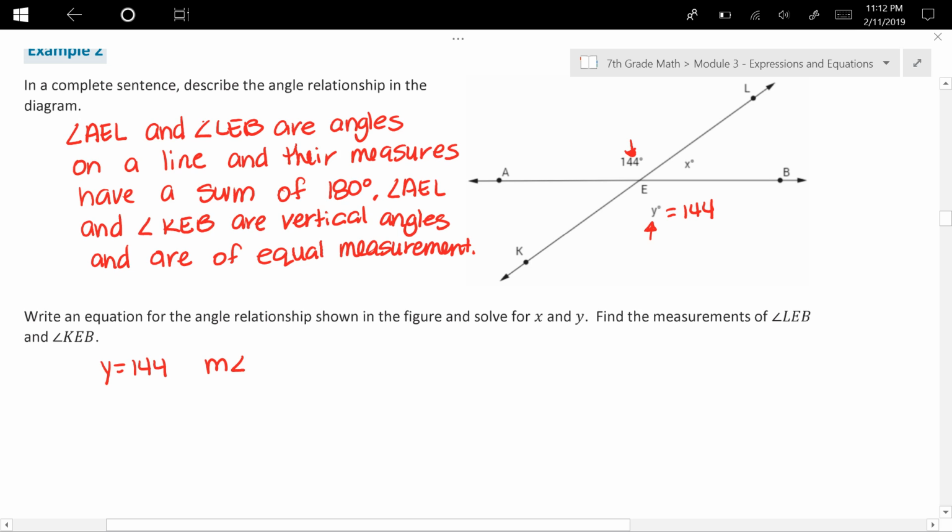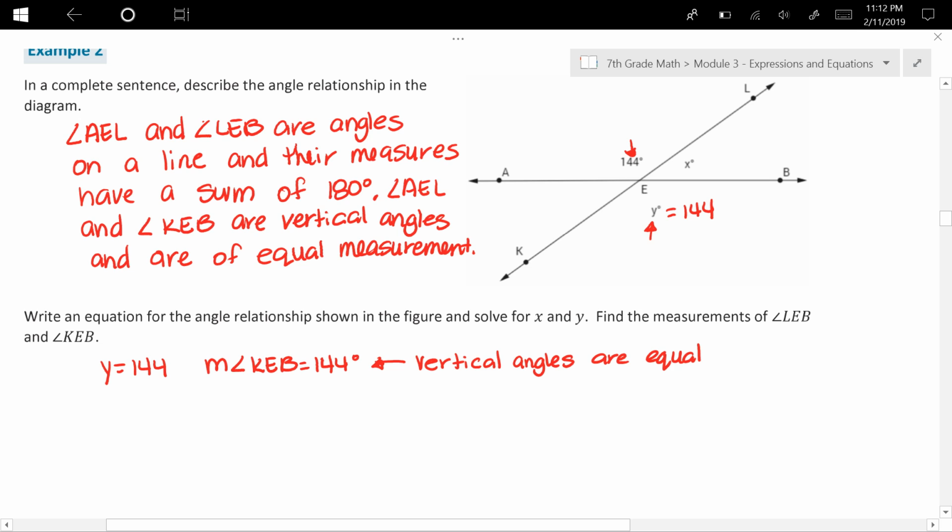Measure of angle KEB equals 144 degrees as well. And why do I know that? It's always very important to actually know why, and that's going to be especially important when you get into geometry in high school. Okay, guys? Know why. And that is because vertical angles are equal.